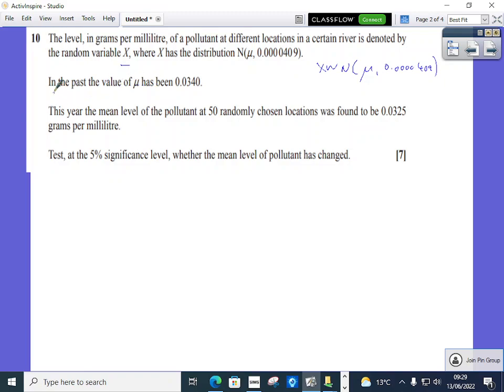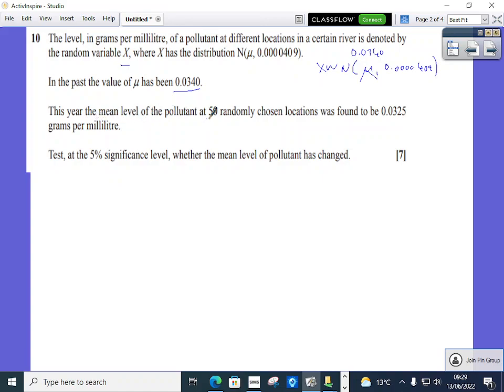In the past, that's mu, so you can call it 0.0340. So that's what it's been in the past. Done that. Now it goes here.